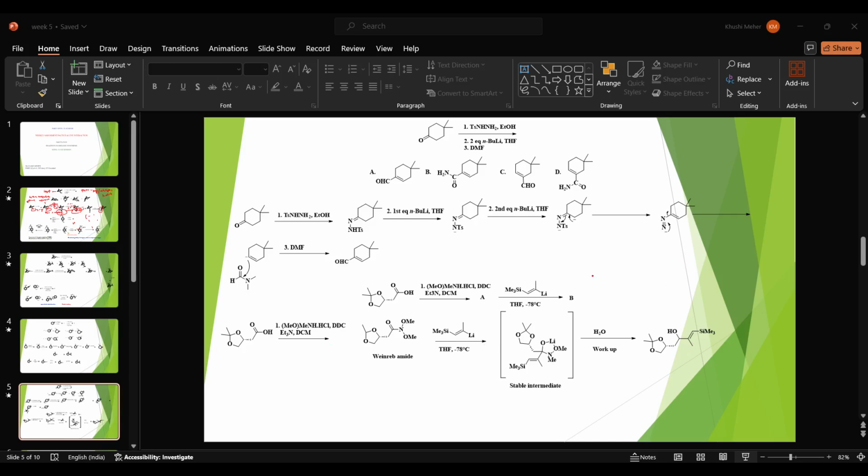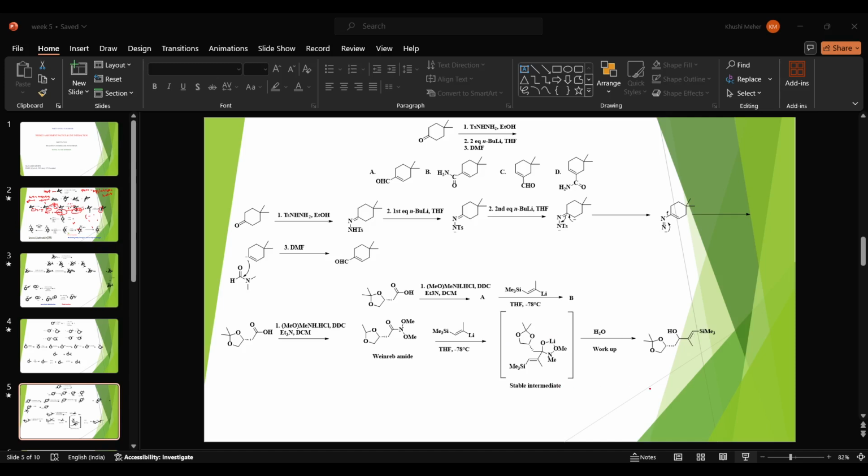From the acid, we can convert it to the corresponding keto group. This one is our acid, and this one is our keto group. Whichever kind of keto group you want, you can make it.